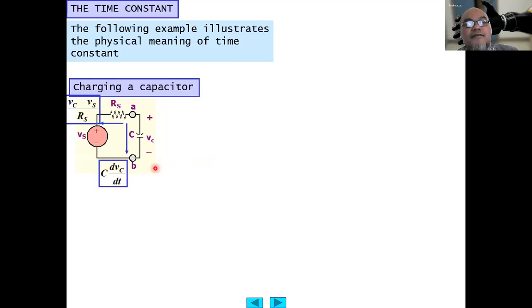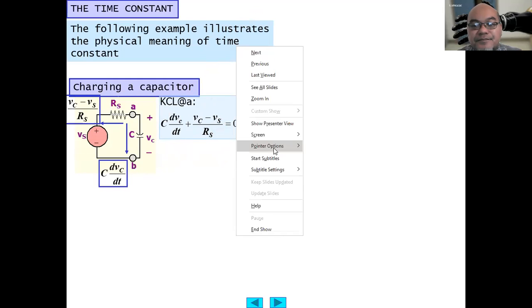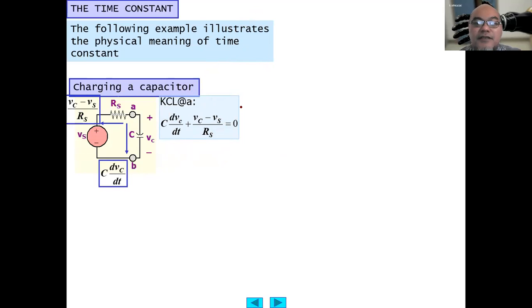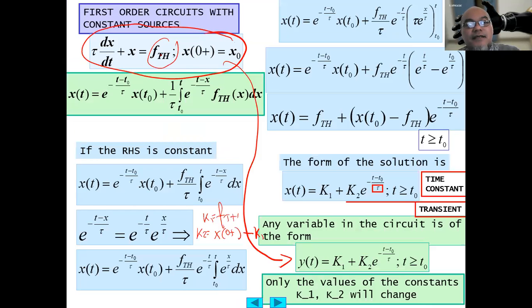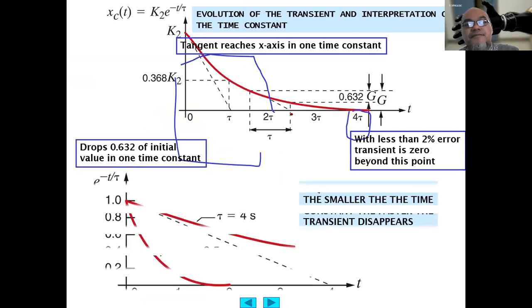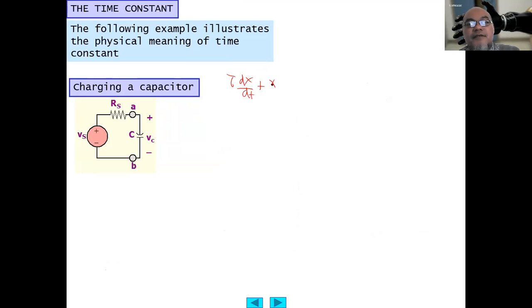This is the derivation based on Kirchhoff's current law. Then we arrange it into tau dx/dt plus x equals the constant forcing function.